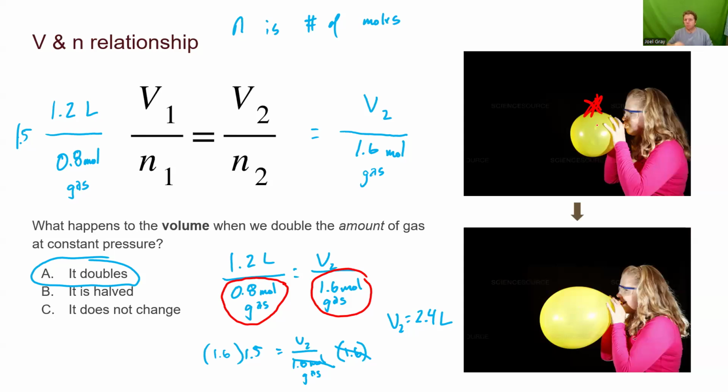I just said 0.8 moles of gas. And then I said 1.6 moles of gas. I didn't change the identity. In fact, I didn't even mention the identity of the gas. Why do you think that is? Why did I not mention the identity of the gas?